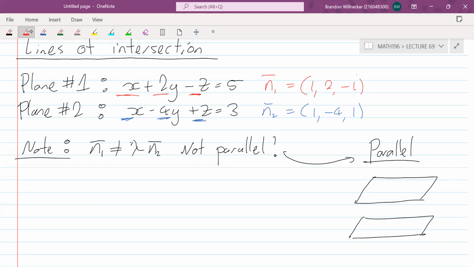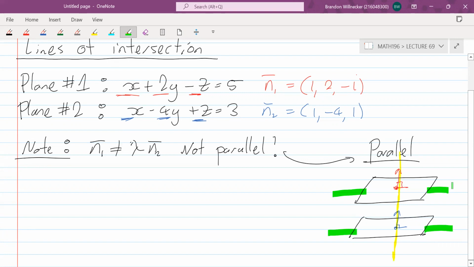So in terms of normals, we have this normal sticking up 90 degrees to the surface. The second plane, we have another normal sticking up, and we can see that they are in line with each other. So the normals are in line, which means the planes are in line with each other as well.